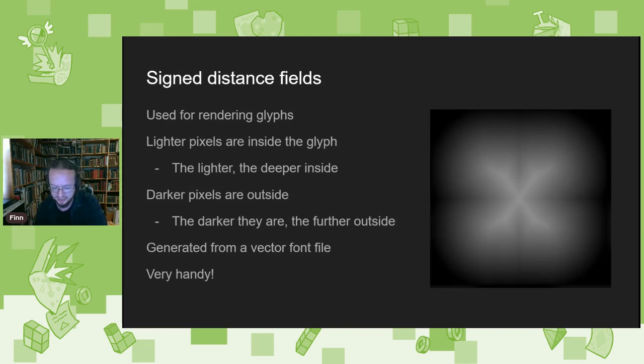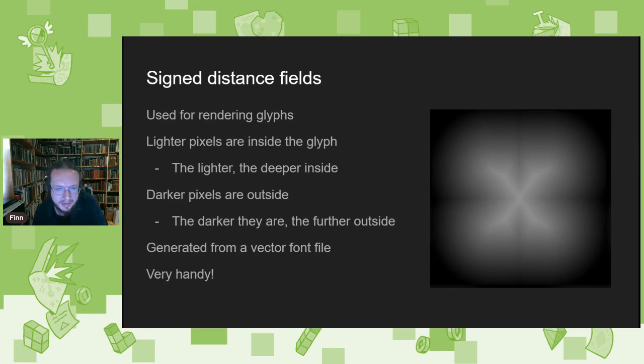Glyph, usually in the context of font rendering, just means a character, but it's a better term than letter because it doesn't imply, it might be a number or a piece of punctuation. It might be from a language that doesn't use the Roman alphabet. And the term character implies it's 8-bit in certain contexts, which wide characters aren't. So anyway, glyphs. Signed distance fields are often used for rendering glyphs.